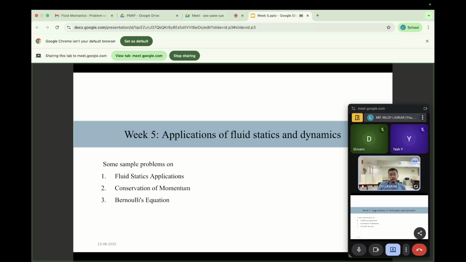My plan is that on the next slide I will show you a question, first give you a few minutes to solve it, and after that I will explain it from the underlying concept.